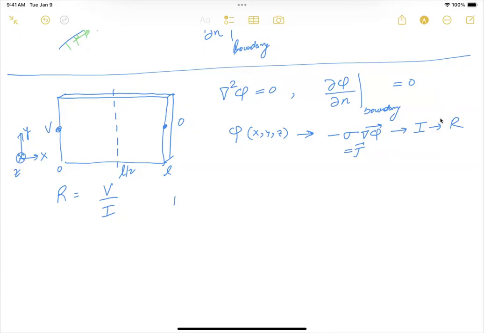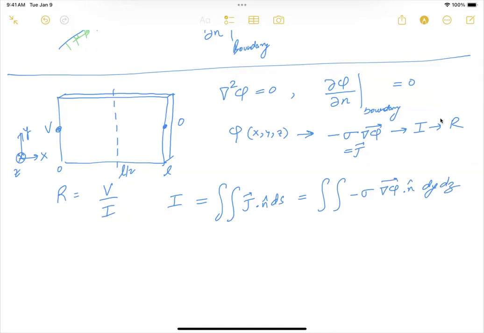Then the current passing through this cross section at L over 2 is just the integral of J dot n cap dS, which is the integral of minus sigma gradient of phi dot n cap times the area element, which is dy dz.